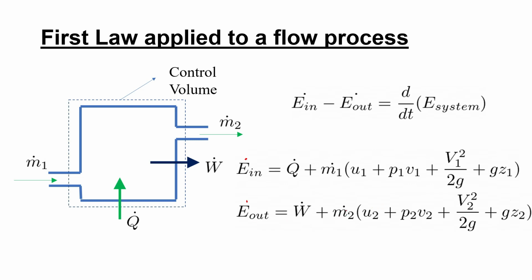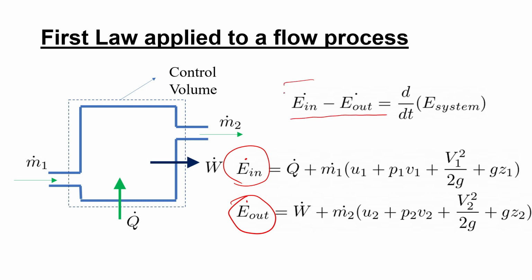So E dot out is equal to W dot plus m2 dot into (U2 plus P2 V2 plus V2 square by 2 plus g Z2). So we have found E dot in and E dot out.